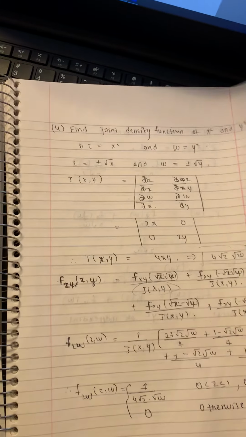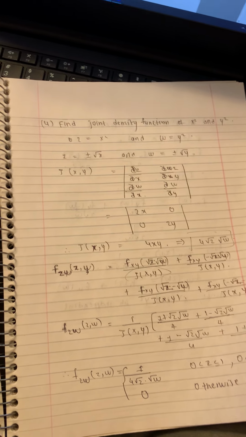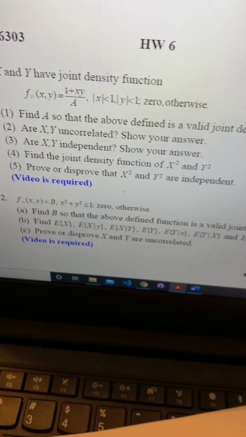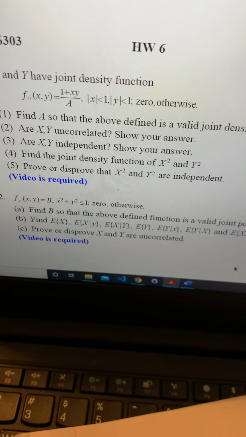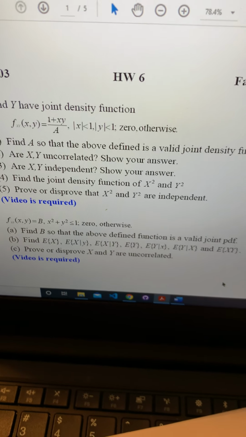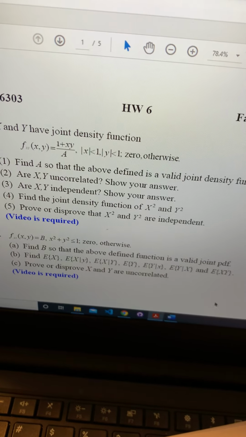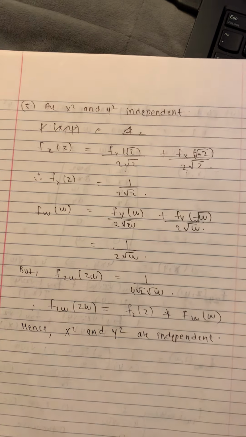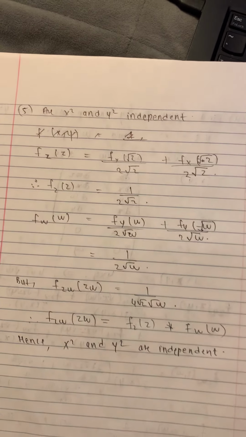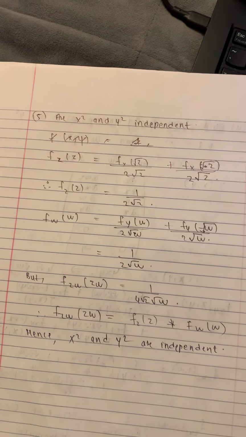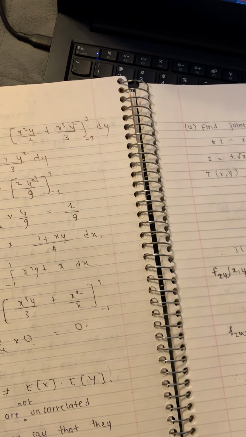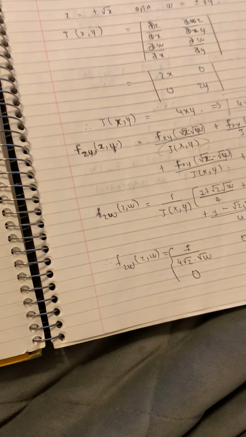So here we got the joint density function of x square and y square. In the fifth subpart, we have to find out whether x square and y square are independent. We use the same approach. We just find out whether the multiplication of f of z with respect to z and f of w with respect to w is equal to this.